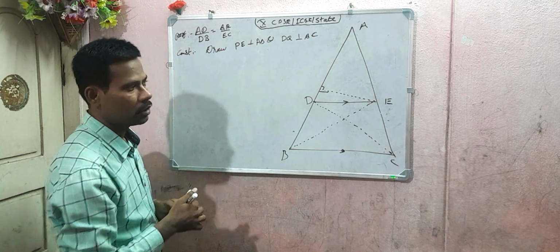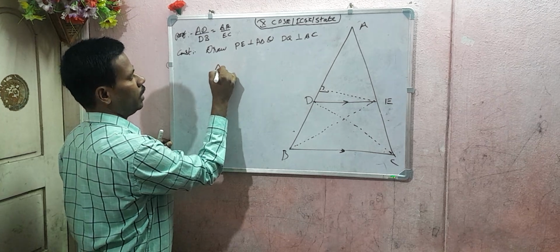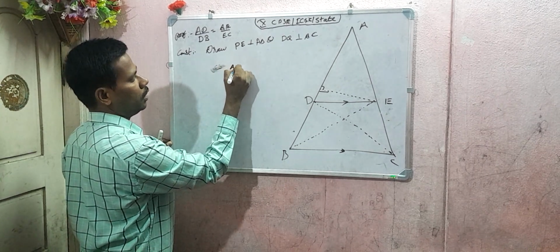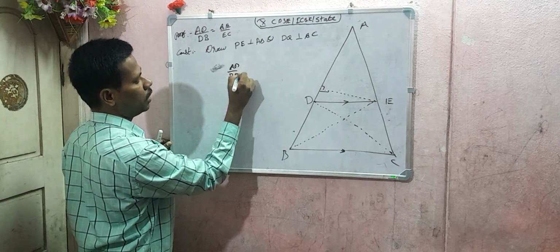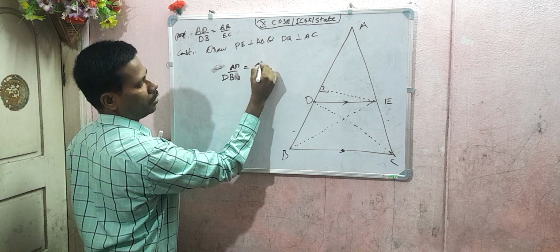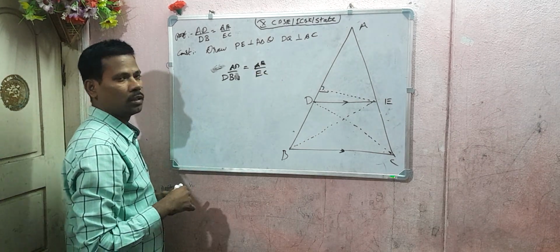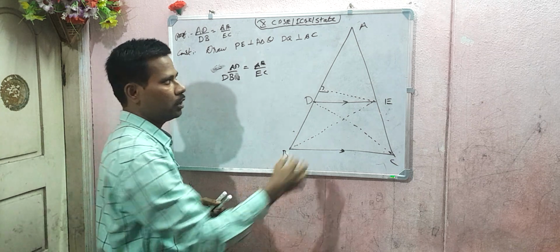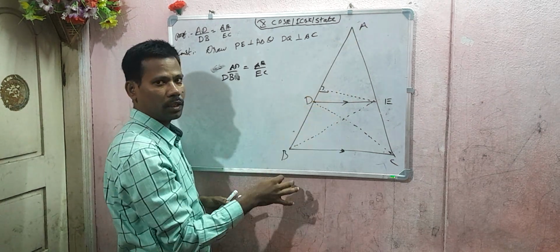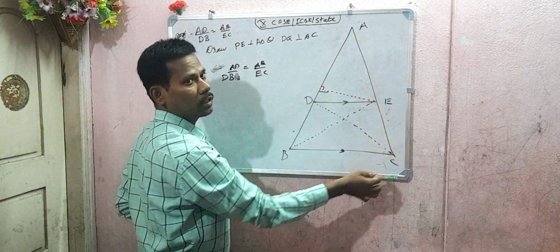What you will observe is that AD by DB is equal to AE by EC. Are you getting my point? AD by DB. Take the ratio of this, measure this length and this length, and this length and this length.